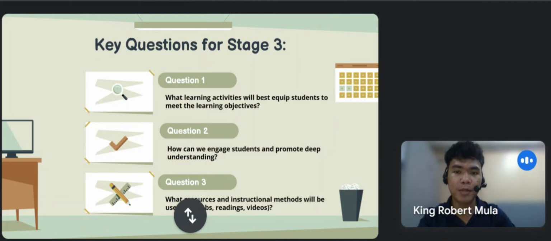For example, continuing the photosynthesis unit, the teacher might plan interactive labs where students observe plants under different light conditions, have discussions on how energy is transferred in the ecosystem, and even assign real-world or project-based learning, such as researching how photosynthesis impacts agriculture.